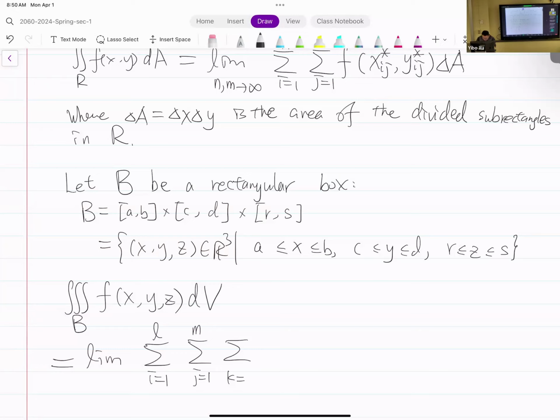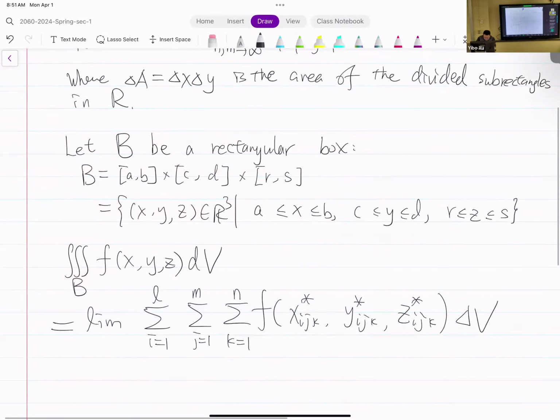So we have a third index up to N, and then in each subdivision we have a sample point. It's going to be x ijk, y ijk, z ijk. We put a star here to indicate that this is a sample point, and then we do delta V. So L, M, N go to infinity. That's the way that you take the limits.